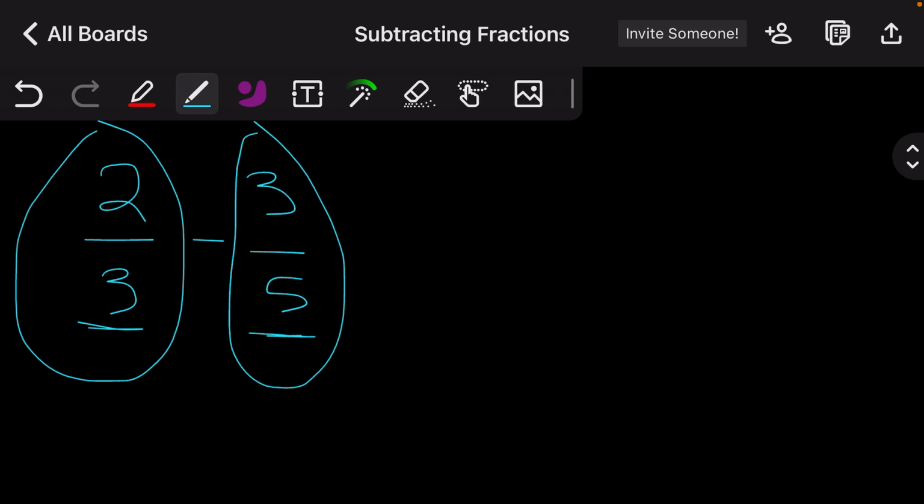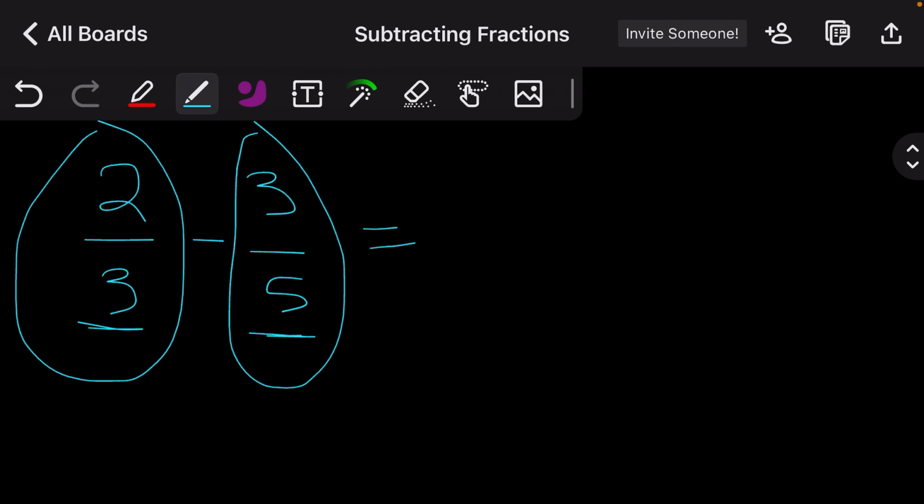That's going to be a problem when you get down to the computation. So we want to make a situation where both of these fractions are cut up into the same amount of pieces.